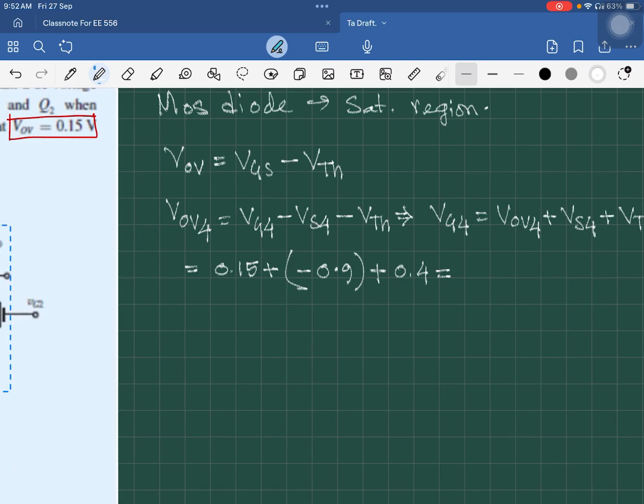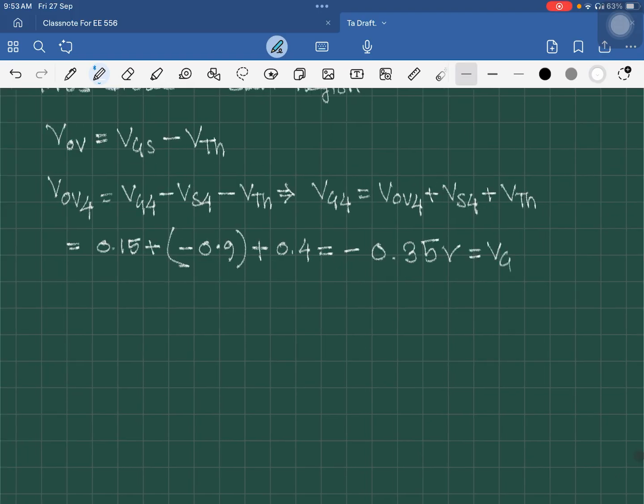Let's calculate: 0.15 minus 0.9 plus 0.4 is minus 0.35.